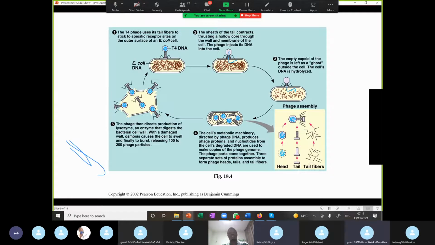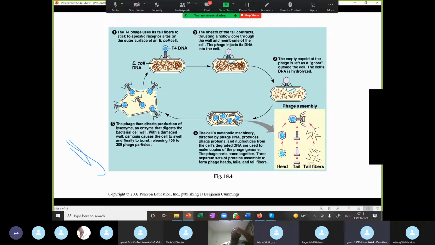When that puncture is achieved, the cell becomes susceptible to osmotic shock, is filled with fluid, and then bursts, releasing the viral particles, usually 100 or more. So these newly released viral particles are now able to infect another cell and initiate the cycle all over.